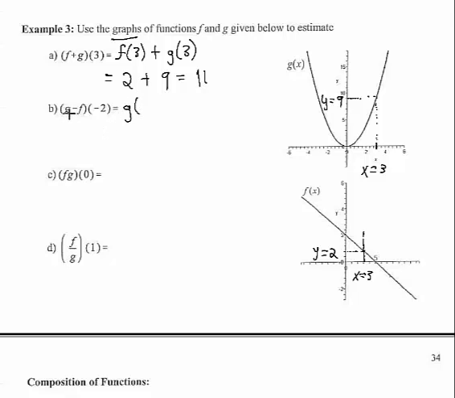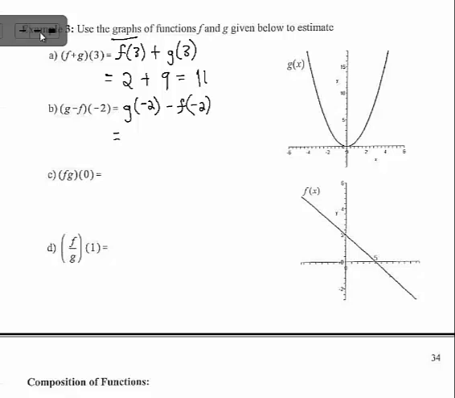So for b, we have g minus f, so I write g of negative 2 being our input for the two functions, and I write minus f, and I insert negative 2 in the f function notation. I will go over here and clean up my graphs because I'm going to have to read new inputs and outputs. g is up top.